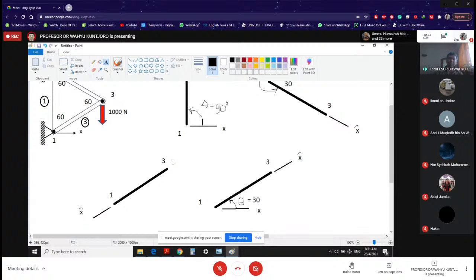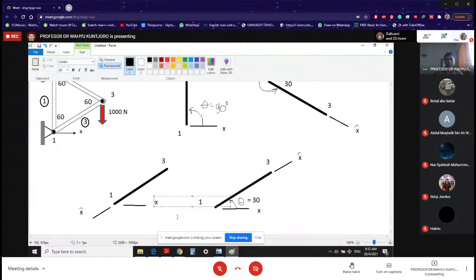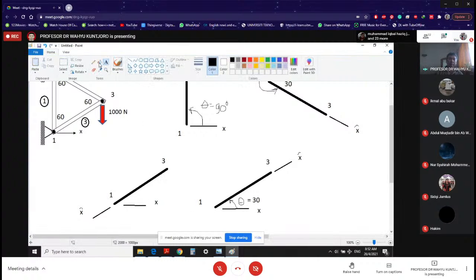But now let's say you decide that's your positive X local. What are you going to do? Then, as usual, don't forget to draw your X global, which is that one. And now you need to measure it like that. So that is going to be your theta.